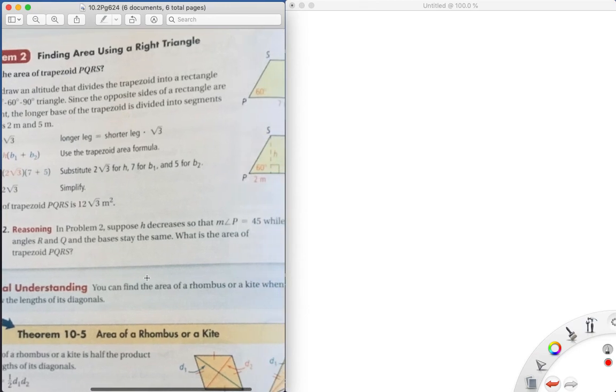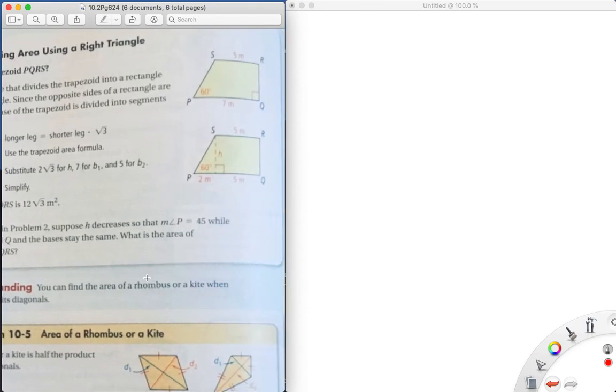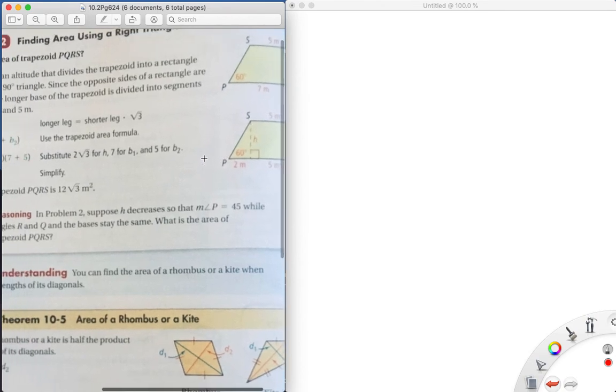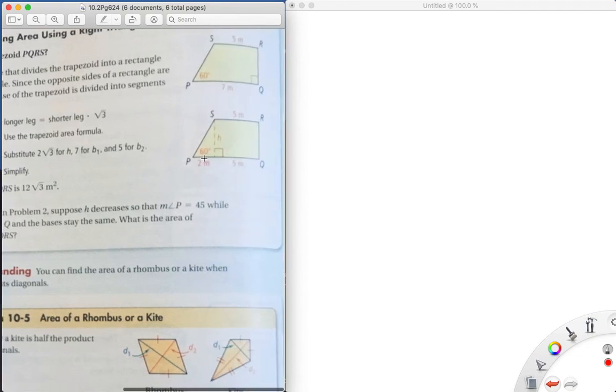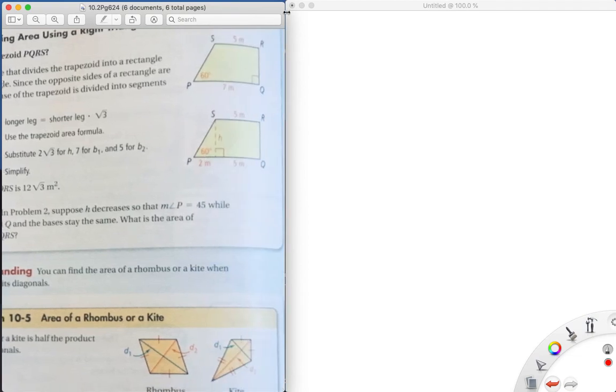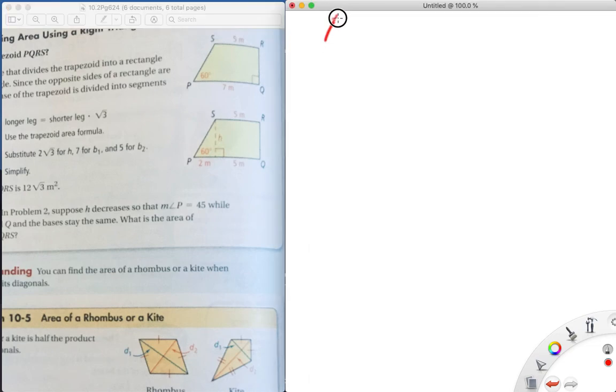So, like I said before, the 30, 60, 90 is going to pop up a lot. So they give us an example, for example, number 2, where they give me this trapezoid, and they want us to find the area, but in order to find the area, first I need to find the height. So just to start off, we just write our equation for area of a trapezoid.